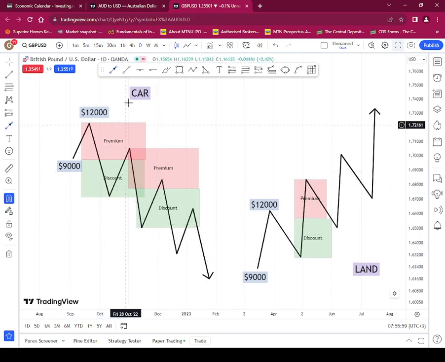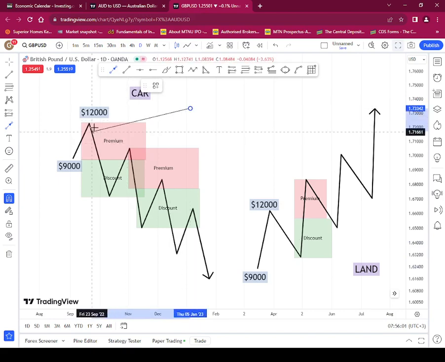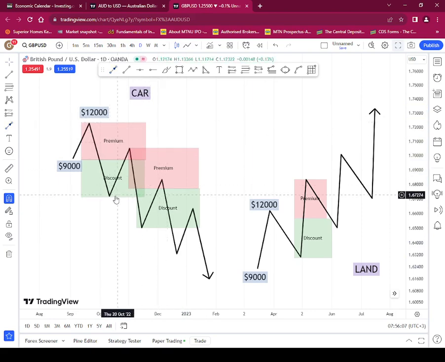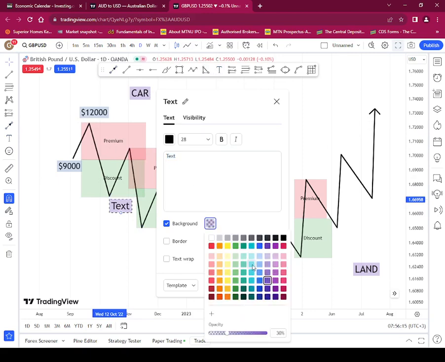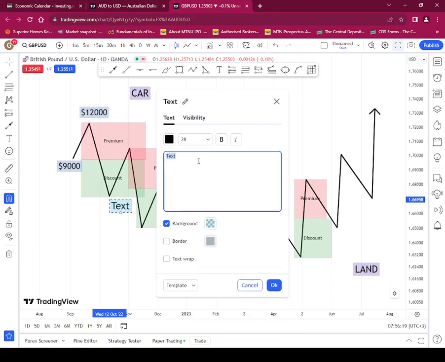So what's a premium, what's a discount? Let me give it a figure so that you guys can understand better. Let's say $7,000.